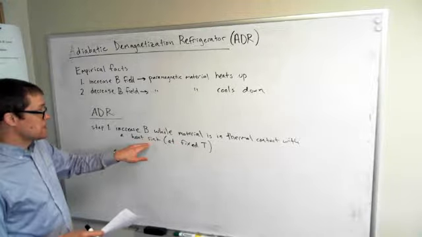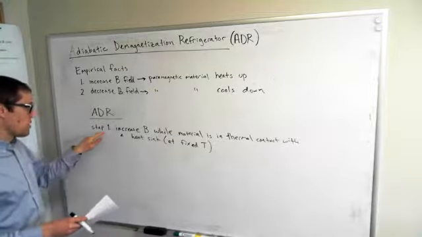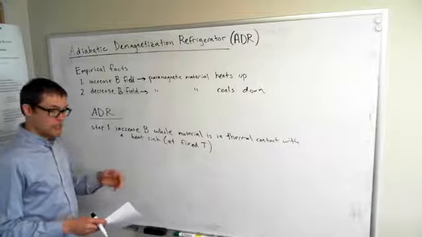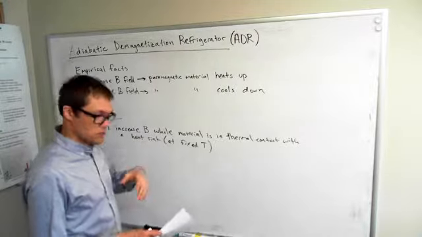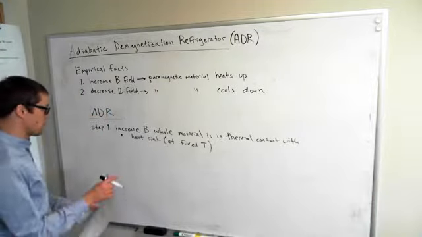If you did not have it in contact with the heat sink, it would heat up, right? That's what we're talking about here. So the first step of this ADR is to increase B while the material is in contact with the heat sink. So this material is dumping heat into the heat sink as we increase the magnetic field so that it remains at a fixed temperature.